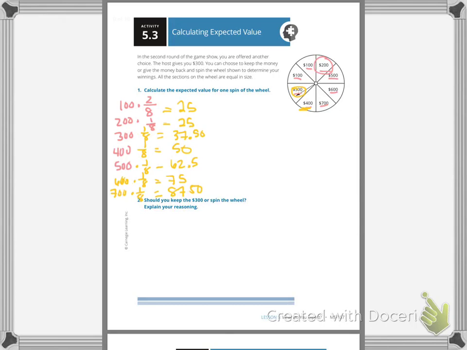Okay, so in the scenario, which I forgot to read, in the second round of the game, you're offered 300. You get to give the 300 back or choose to spin again. Okay, so now my total is $362.50. So I would spin again because I just gained $62 more than what I had originally.